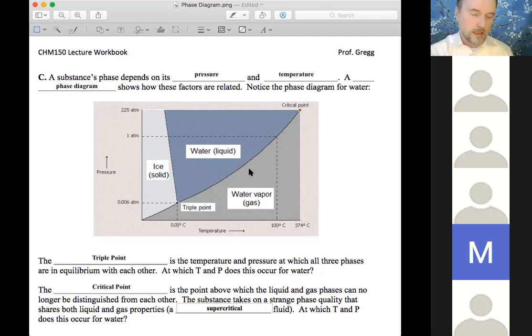Now here's the odd thing with water, that this doesn't happen with most other chemical substances. Does everybody see this line right here, the phase boundary between the solid and liquid? What slope is that? Does that have a positive or negative slope, that line right there?